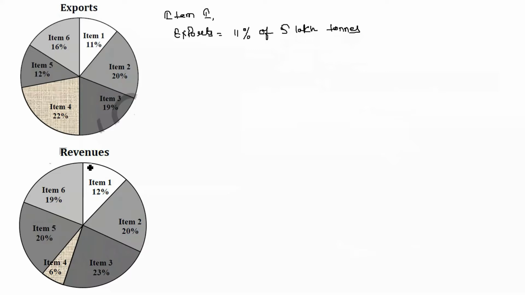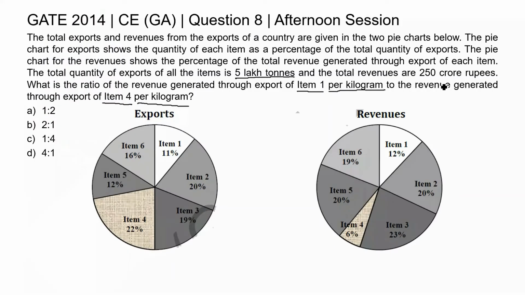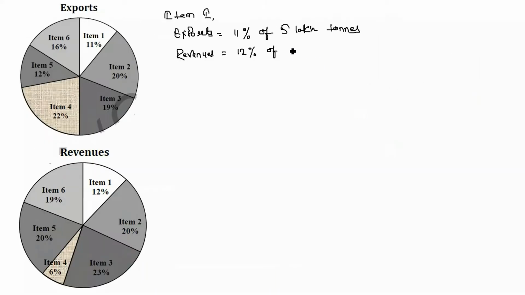Now for item 1, the revenue generated is 12% of how much? The total revenues are 250 crore rupees. So 12% of 250 crore rupees.